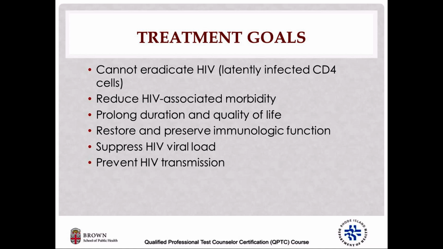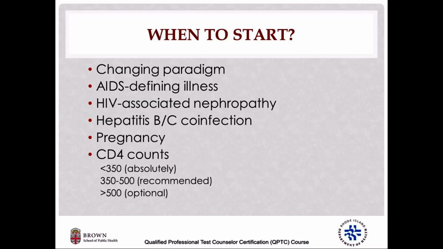So the goals of treatment are not only to prolong and keep the quality of life for that individual person, but treating someone actually prevents HIV transmission to other people. This is why there's such a push to get people tested and treated as early as possible, not only to keep them alive and healthy, but also to prevent HIV transmission to others.